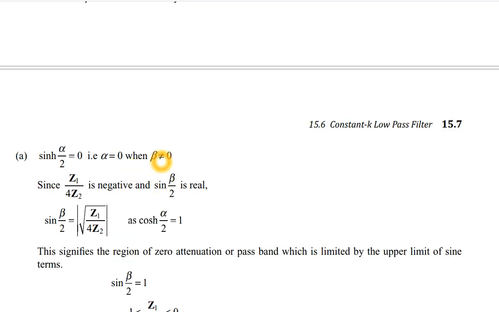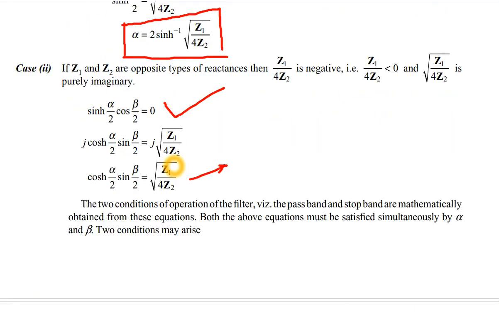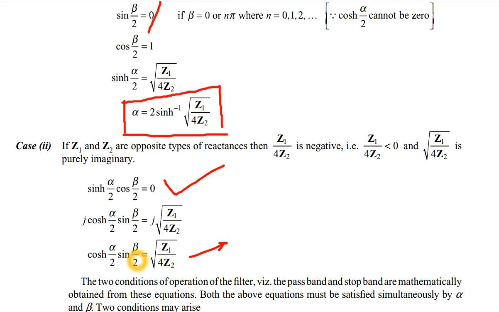Why is alpha equal to 0 when beta is not equal to 0? This is because these two conditions have to be satisfied together. When cos beta by 2 is equal to 1, then only we get this condition. That means when this is 1, we get only sinh alpha by 2 equals 0.